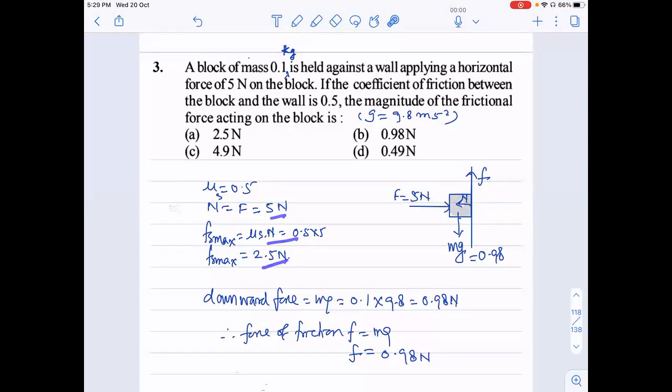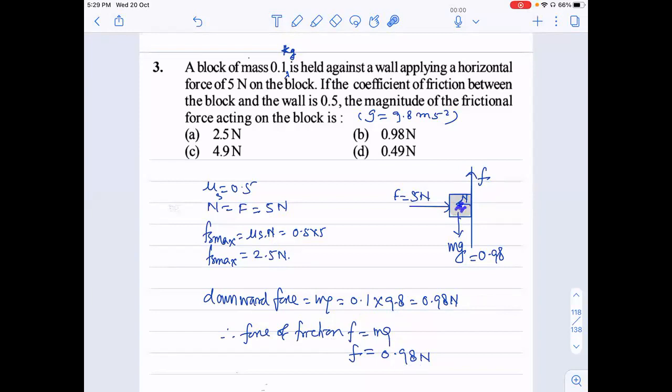Limiting friction is coming to be 2.5, but we have to check whether that much downward force is there. So let's check the downward force, mg, which is 0.1 into 9.8. So the downward force is 0.98, which is less than Fs max. So the friction will be only that much, whatever the downward force is, that much friction. So friction force F will be equal to mg, that will be 0.98.